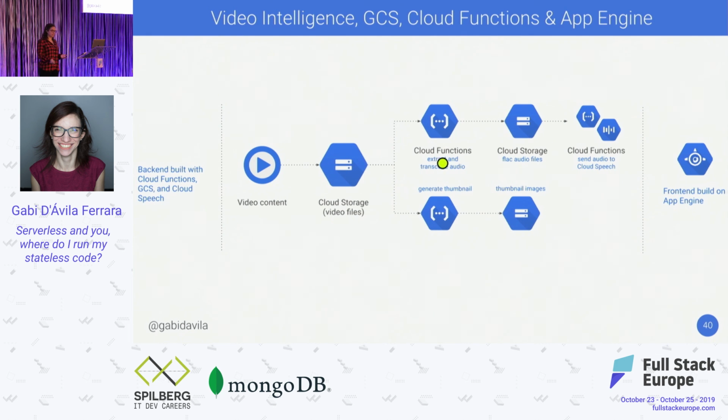And the other one is a function to extract and transcode the audio from that, because there's also a transcription there. Then you put that audio on Cloud Storage and run the speech recognition to show those images. So the difference here between the video and the speech is that the video is going to show the labels, and the speech is going to show the words that appeared in the video or audio.